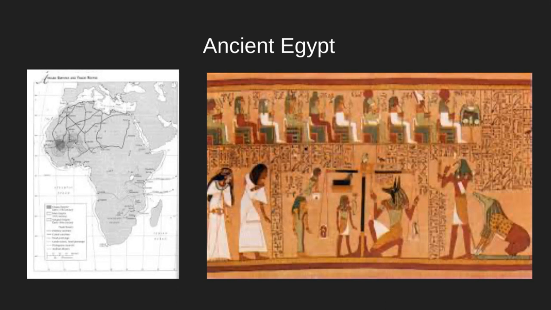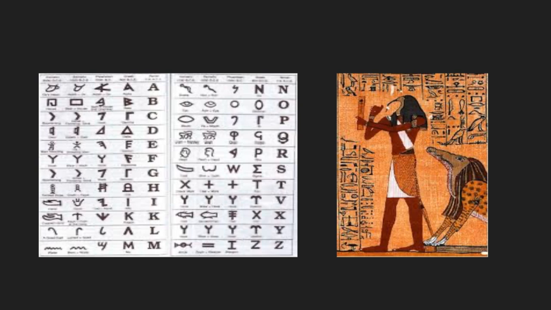And I want to observe here that writing itself, alphabetic literacy that enters into Europe, comes from Africa. It comes from ancient Egypt. Now here you can see an image of Thoth, and if you look at the letters, let me draw your attention to the N in the middle there in the column. You can see that the Egyptian hieroglyph for the N, or the sound of the N, would be a snake.